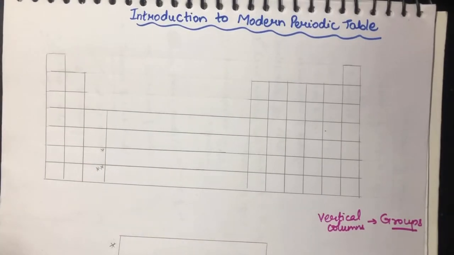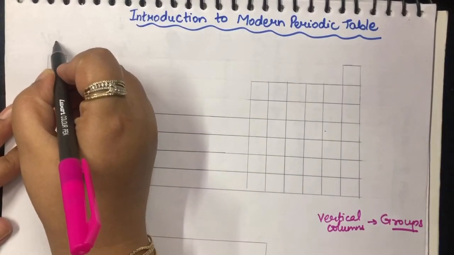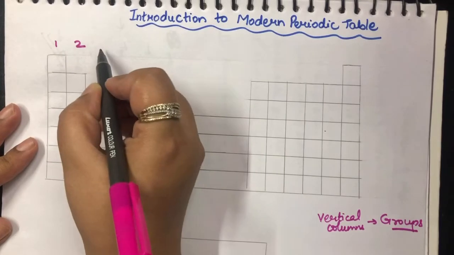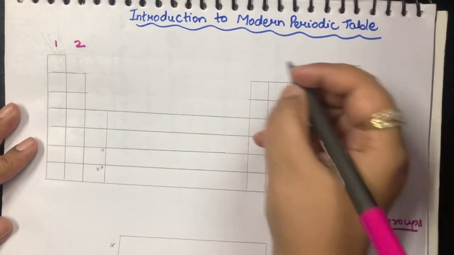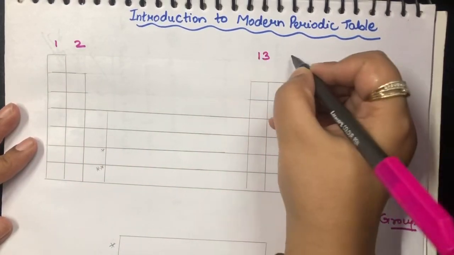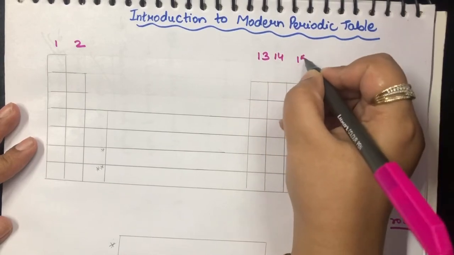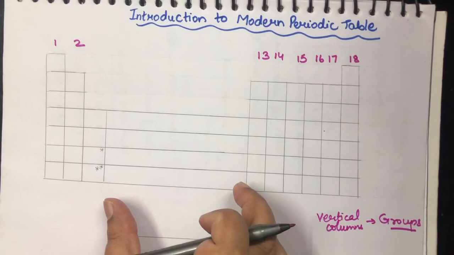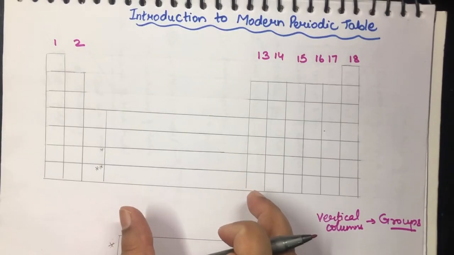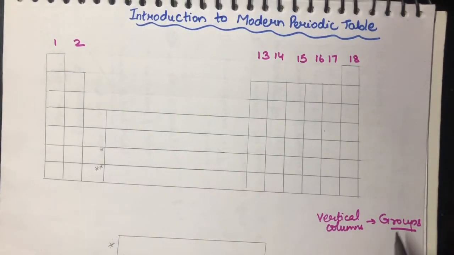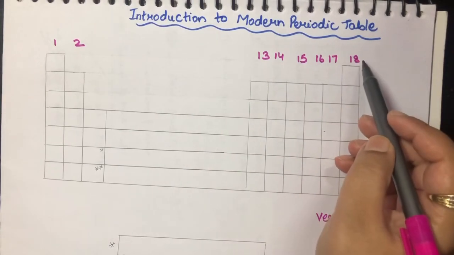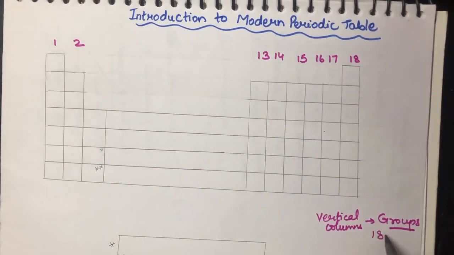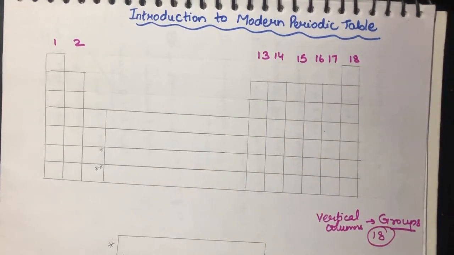Let's see how many groups there are. It is group 1, 2, and there is a gap here. Then it is 13, 14, 15, 16, 17 and 18. I'll talk about group numbers 3 to 12 soon. Till then you need to remember that the modern periodic table has 18 groups in total.